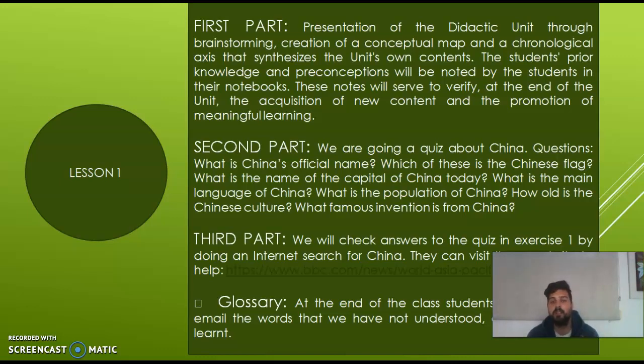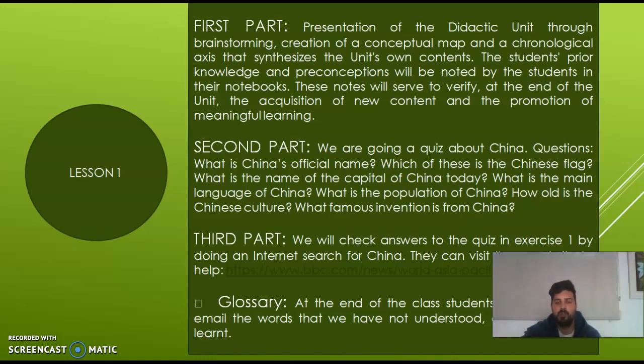In the third part, use of new technology. Therefore, a student must answer the questions by searching for them on the internet. It's very important that all students have internet.